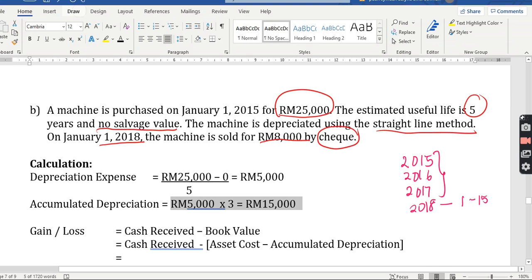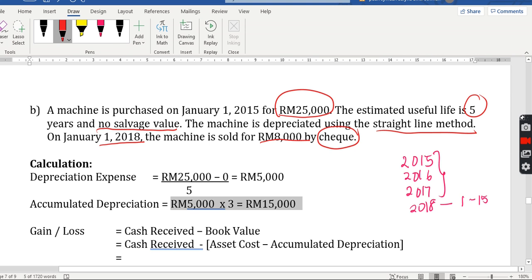If I were to journalize the disposal, my asset account will be closed at the amount of 25,000, and my accumulated depreciation will be closed at the amount of 15,000.